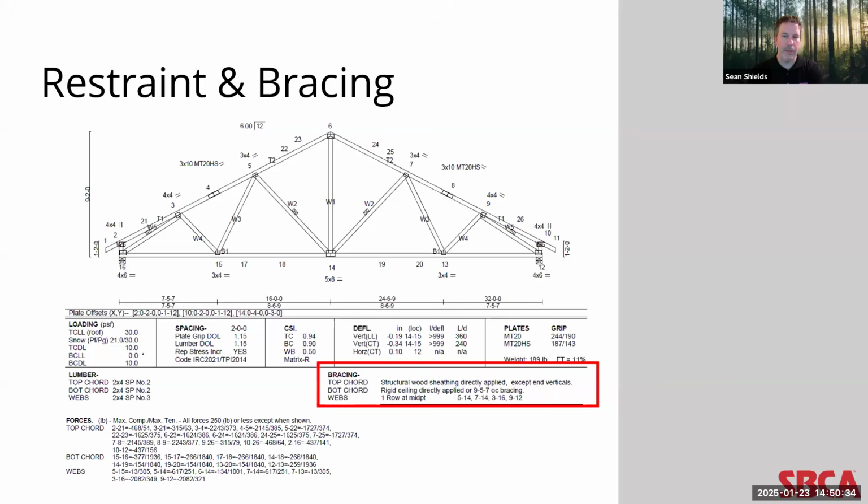For the bottom chord, it calls out that rigid ceiling like gypsum board is to be applied directly. Or of course, there's an option for bracing material to be applied to the bottom chord. Think of an unfinished garage. Again, you'll see that the web member restraints are called out for the 4 web members to be installed at the midpoints of the webs.